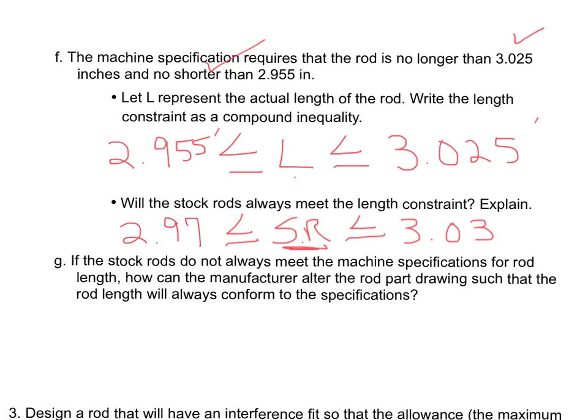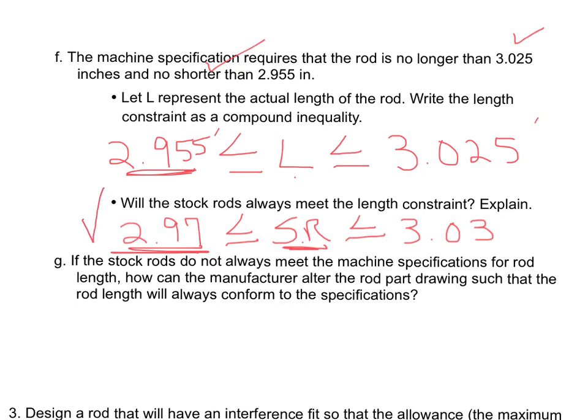Will the stock rods always meet the length constraints? So is less than or equal to, what do you think? Looking at that, take a second, think about it. So let's work on the left side first. It has to be greater than 2.955, and being greater than 2.97 meets the requirement, so I'm fine on that side.